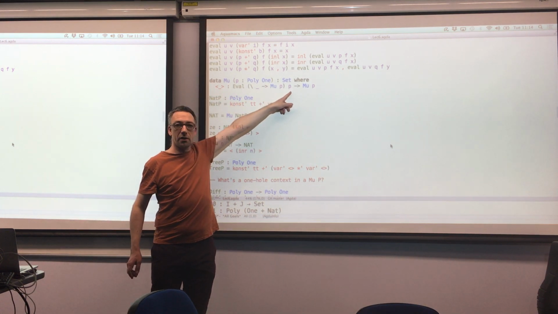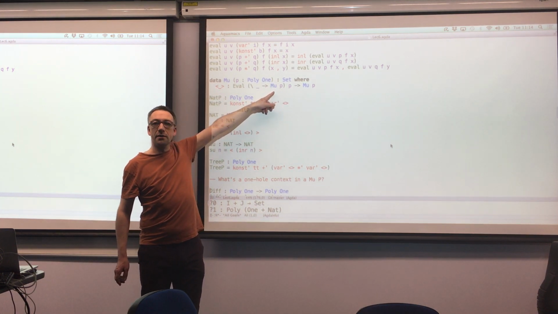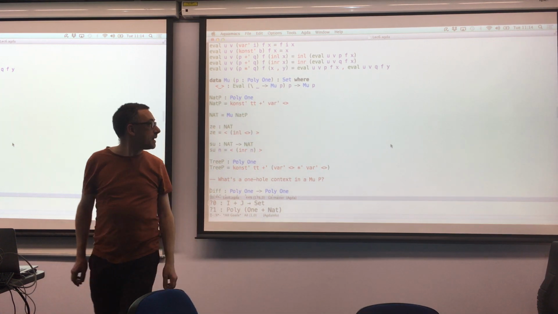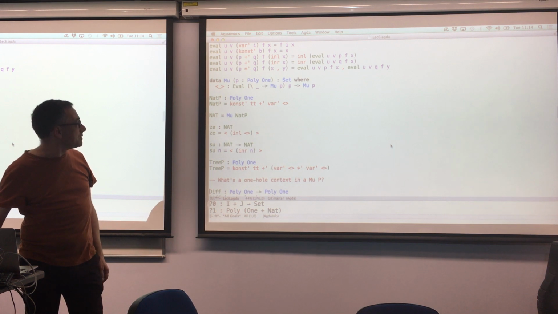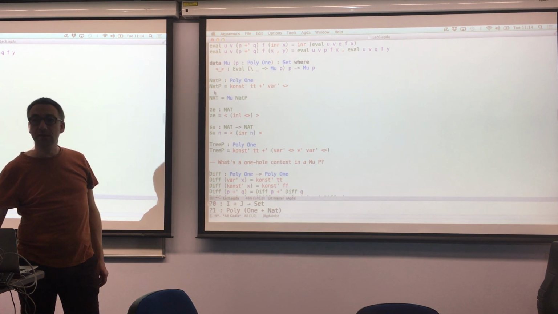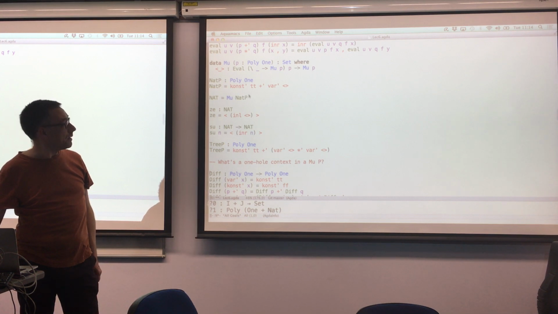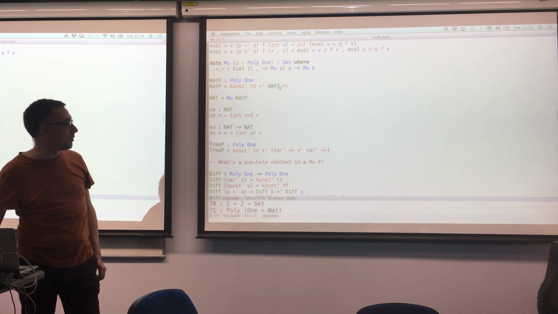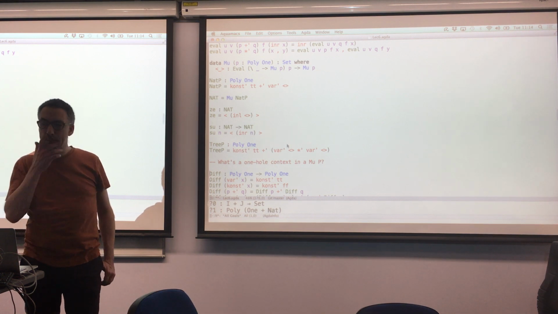You evaluate the polynomial, interpreting the variables as recursive substructures. And that allowed us to build things like NAT, where you either have a 0 or a successor with a position for the number one smaller. We were able to build binary trees.